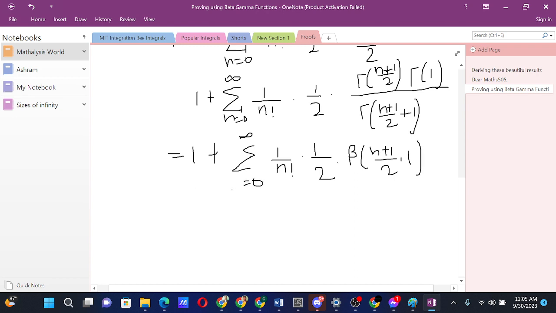Then 1 plus, we can write that beta function in terms of an integral of sines and cosines. This will be the integral from 0 to infinity, and also I need to remove this 1 by 2 over here now.